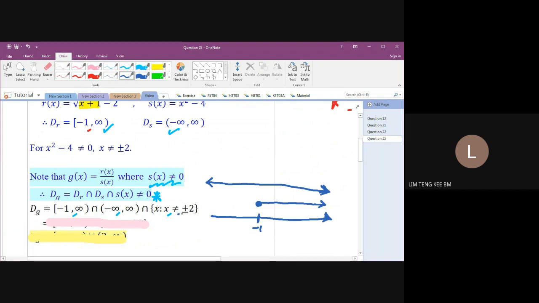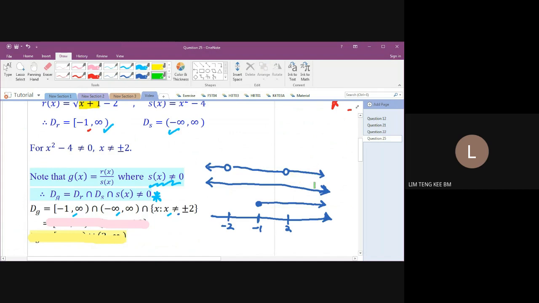The last one is anything but not plus and minus 2. So here is -2, here is +2; anything but both of them, similar to infinity to infinity but leaving two holes there, at -2 and 2. What I want is the intersection of all these three number lines.